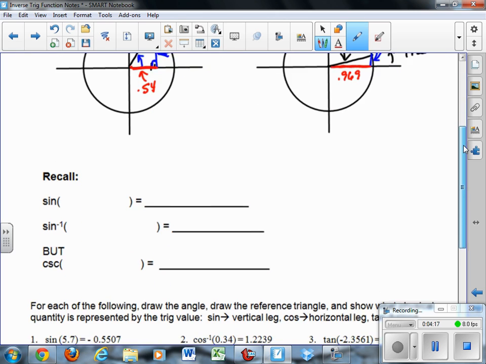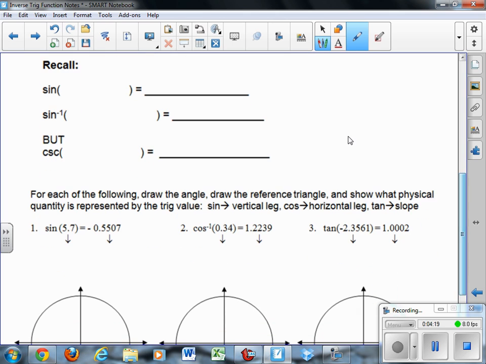Now just to recall, in order to do these problems, you really have to know this by heart. You need to know that sine of an angle is equal to a trig value. An example of that would be sine of pi over 3 is equal to the square root of 3 over 2. Pi over 3 is the angle, square root of 3 over 2 is the trig value.